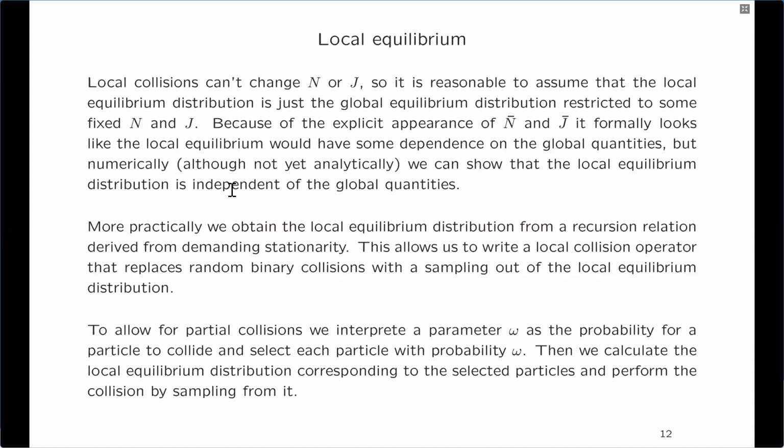There's one more degree of freedom, which we call pi. It's the sum of the f_i v_i, which is free. And what I can end up with is a distribution in this pi, and there's the equilibrium value. So there will be an equilibrium distribution of these pi values, and I can sample out of that equilibrium distribution. That's a full collision. So if I do lots and lots of collisions over a long time, I'll end up with this local equilibrium distribution. There are some subtleties about how you obtain it.